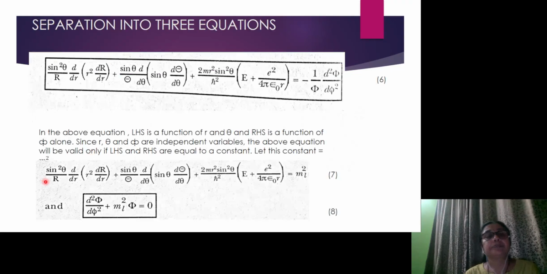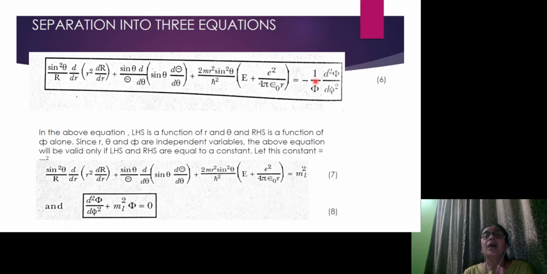Okay, fine. So have a look at this particular expression. What we have done is shift the term containing phi to one side. Why? The reason is, if you look at this term, it contains only one variable phi, whereas the terms on the LHS contain terms in variable r as well as in theta. And we are saying that LHS is equal to RHS.